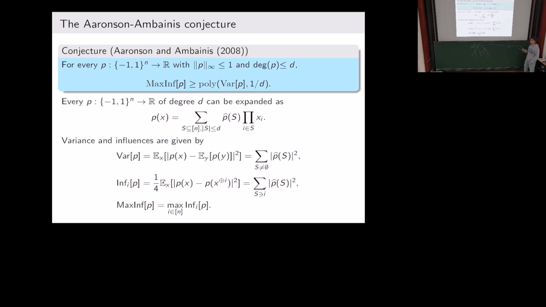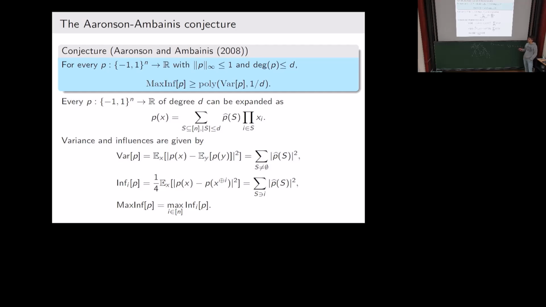Here we are going to look at functions defined on the cube as multilinear polynomials, and we are going to look at this expansion, which is the Fourier expansion. There are two other elements that appear here. One is the variance, which is defined like this, and it has a convenient expression in terms of the Fourier coefficients as the sum of the squares of the non-empty Fourier coefficients.